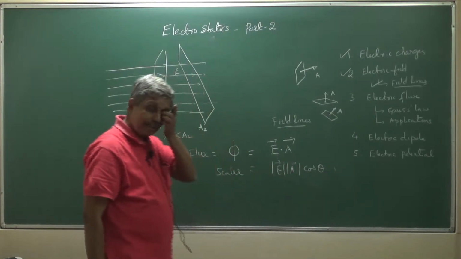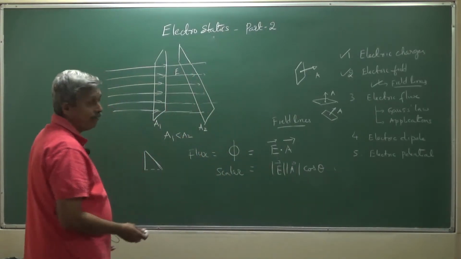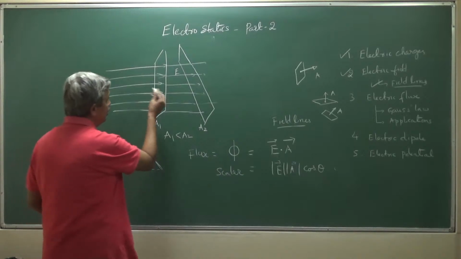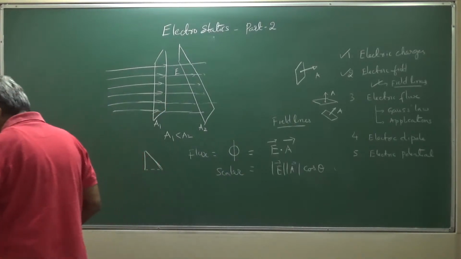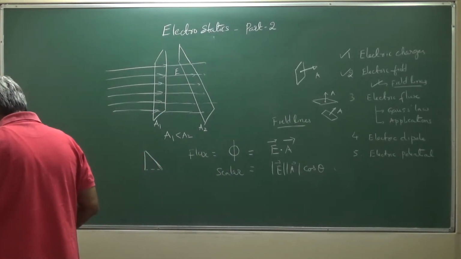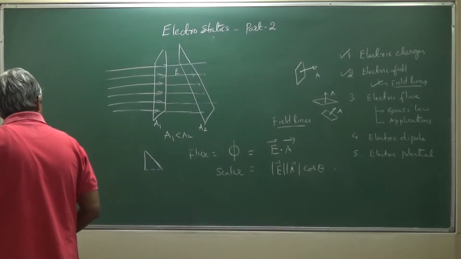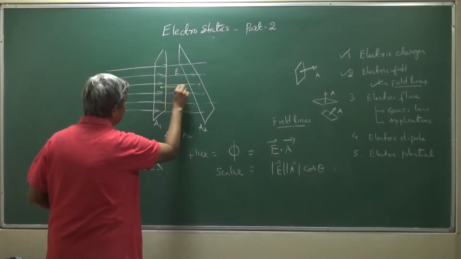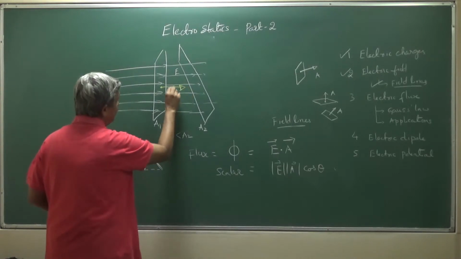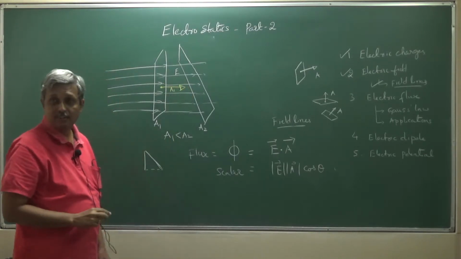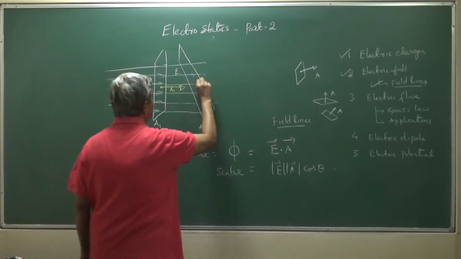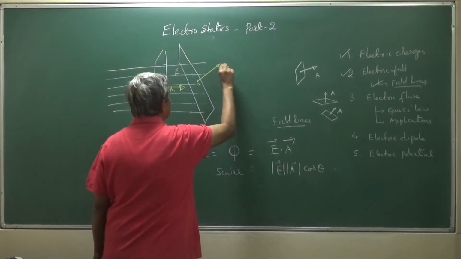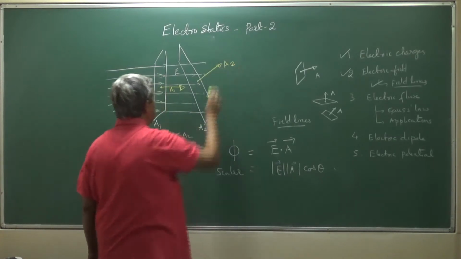Why is it cos theta? Look at this. The vector, what I call the area vector, for the first one is perpendicular to the area. So this is the area vector for A1. For A2, the area vector is this, because it is perpendicular to this area.